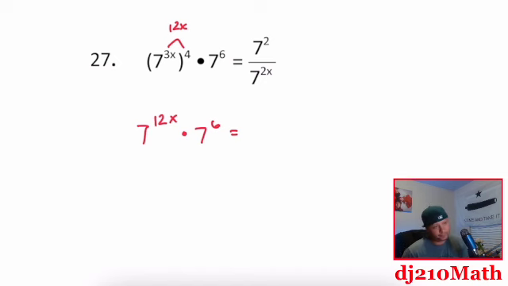the only way to do this on the right is if you know that it's always top minus bottom, right? Top minus bottom. I'm talking about exponents, that is. So this is going to be 7 to the 2 minus 2x, right? Because the top exponent minus the bottom exponent.